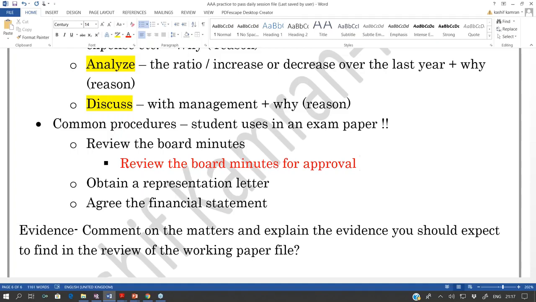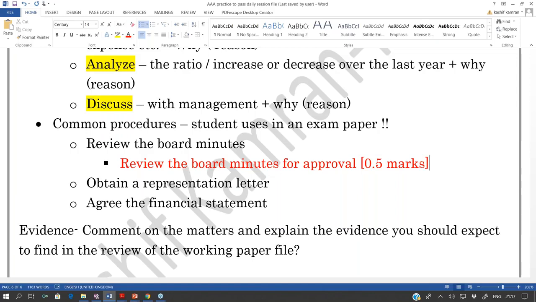No. When you say review the board minutes for approval, this is only giving you 0.5 marks, because you are not telling approval of what. Approval of what? Is that missing from here?